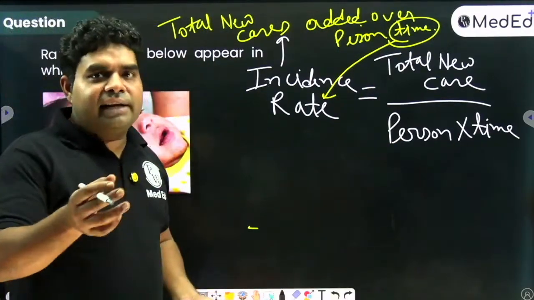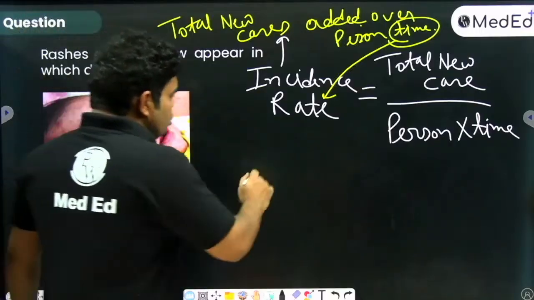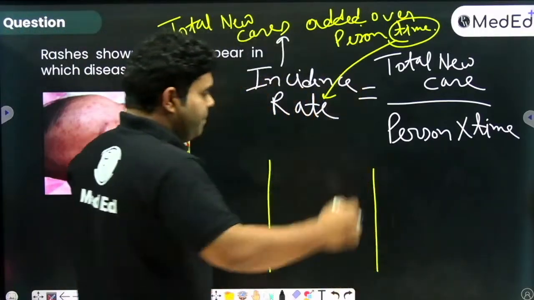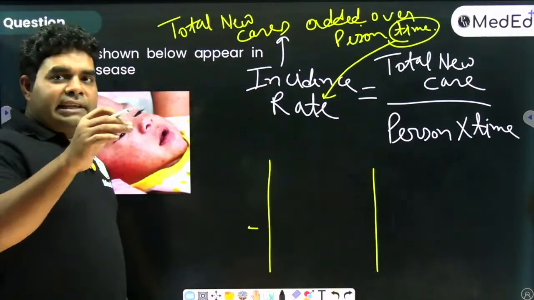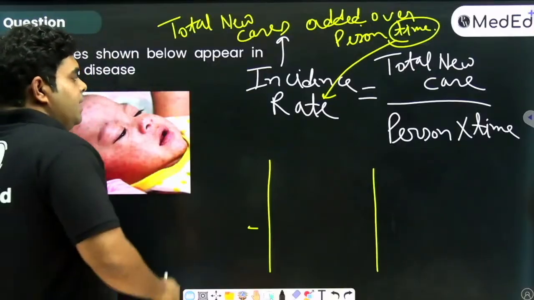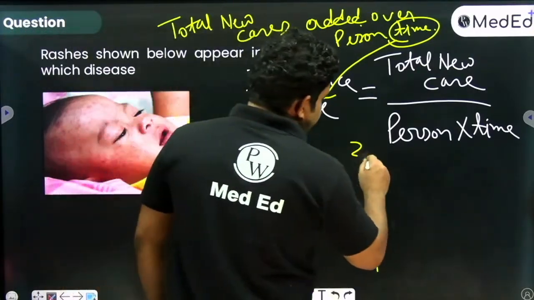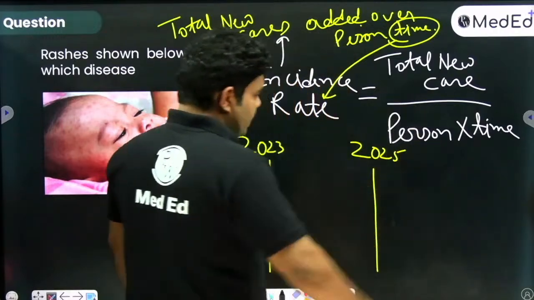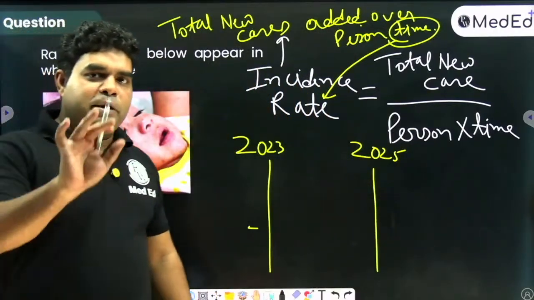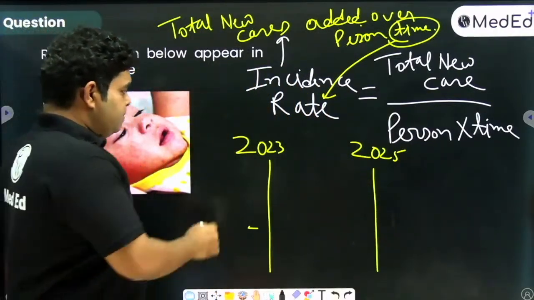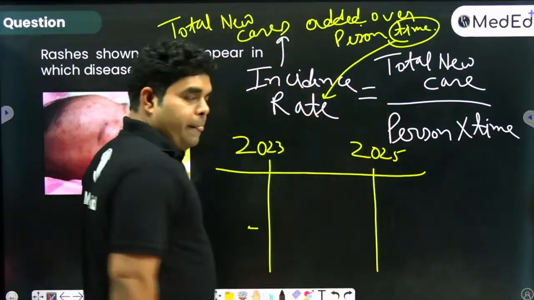Let me explain it with a very simple example. Suppose you are doing a study on a new anti-cancer drug. You started a study in 2023 and the study went till 2025. You took 5 people for the study. The first person did not develop infection.